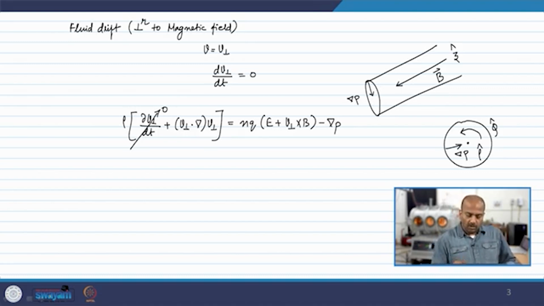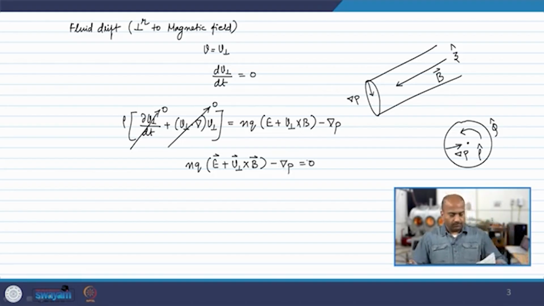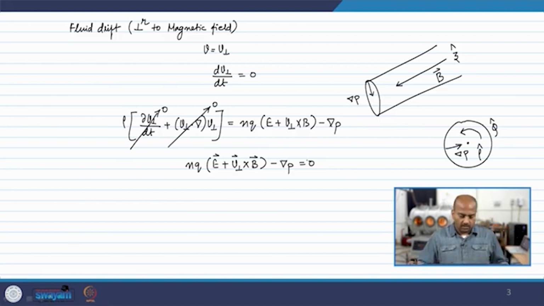Since it is already small, this second order term may also be neglected. So, effectively what we have is n q times E plus v perpendicular cross B, minus del P is equal to 0. All of these forces will sum up and give you 0.